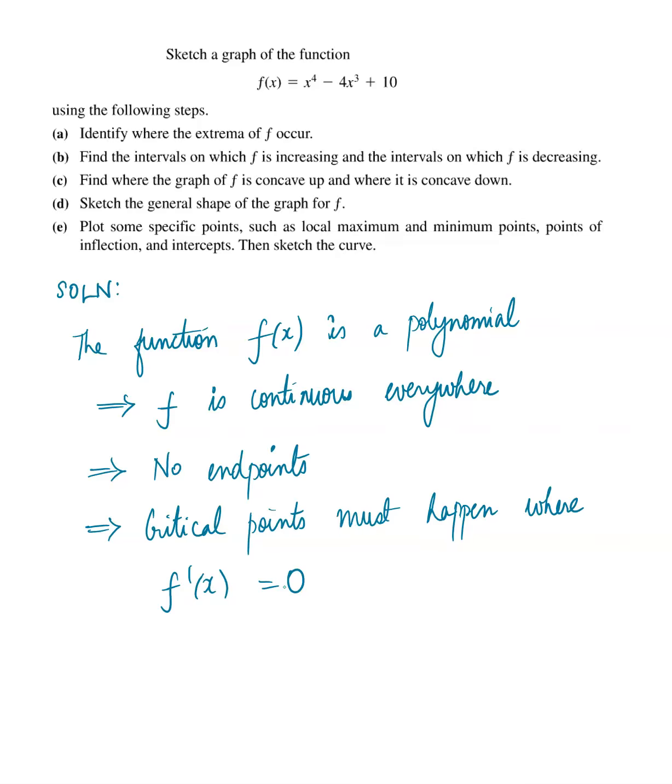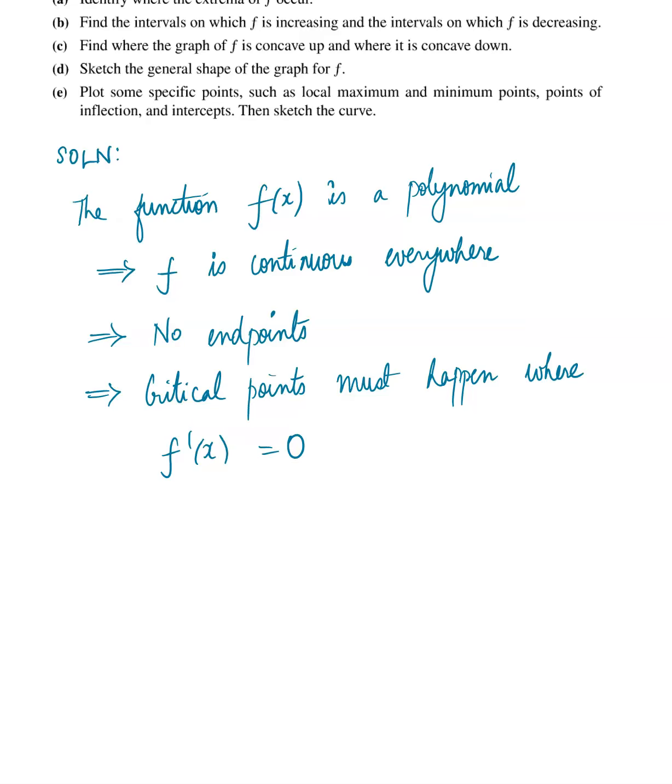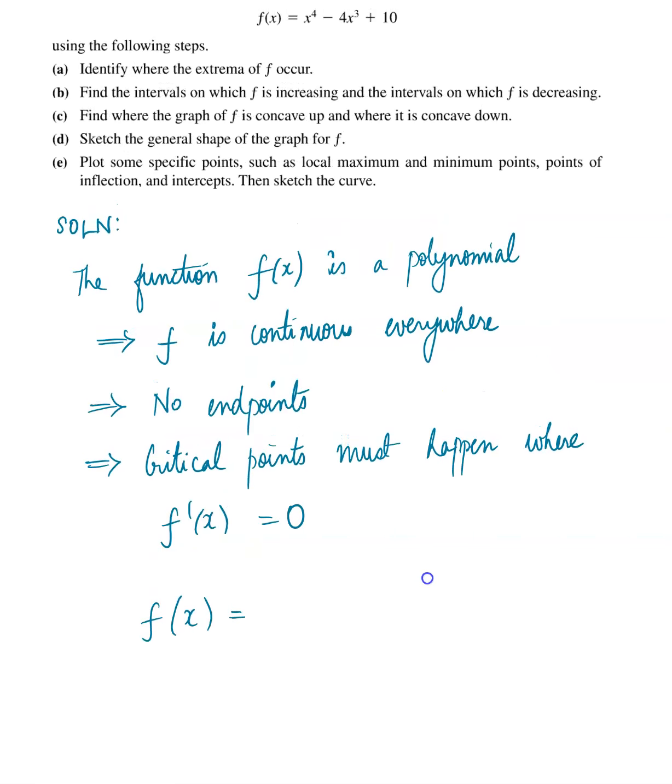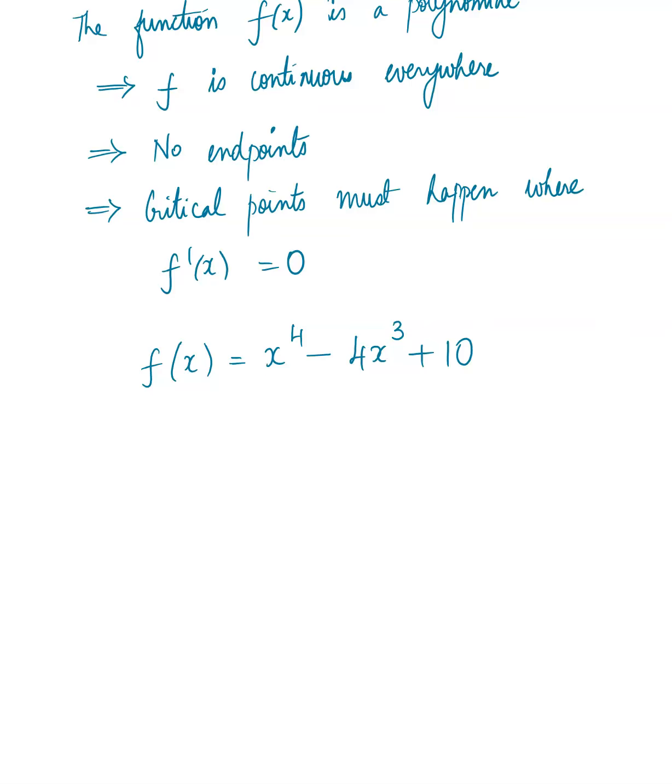Let me write f of x first: x to the power 4 minus 4x cubed plus 10. F prime of x is 4x cubed minus 12x squared, plus 0. So 4x cubed minus 12x squared.